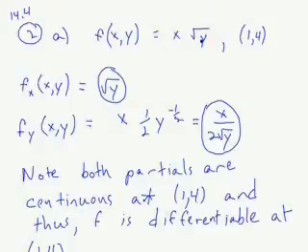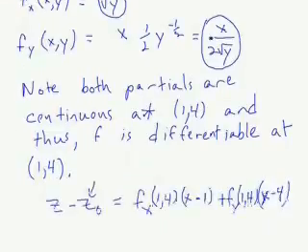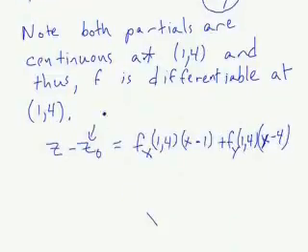Plug in 1 for x, 4 for y, you'll get 2. So z naught turns out to be 2.